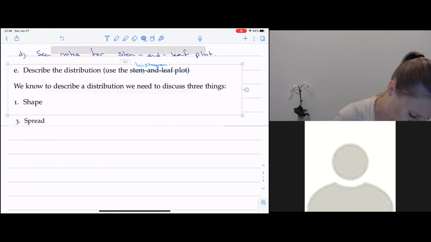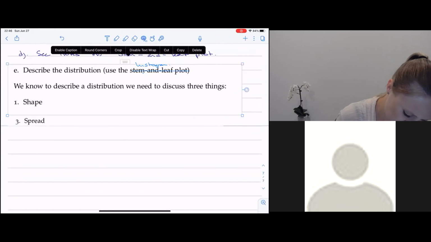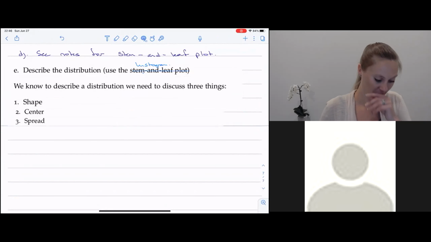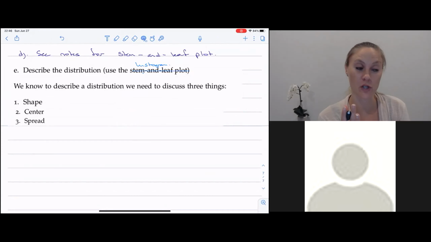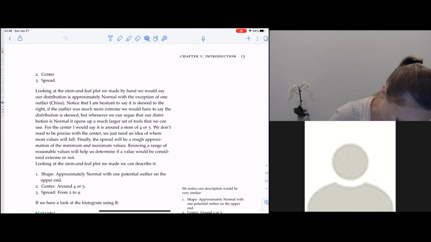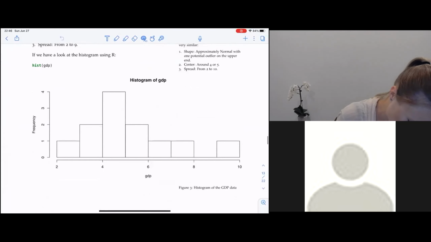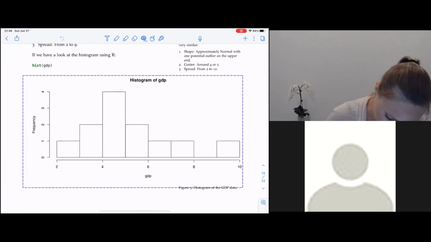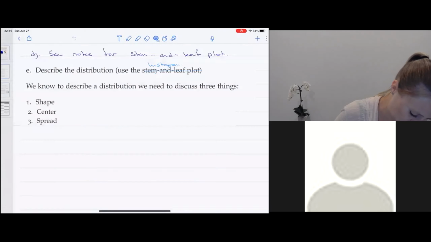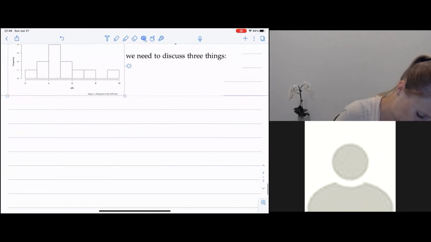Make it all fit on one page here. There. So to describe a distribution, right, we need to talk about the shape, the center, and the spread. So I'm going to go find that histogram. Here's the histogram of the GDP.